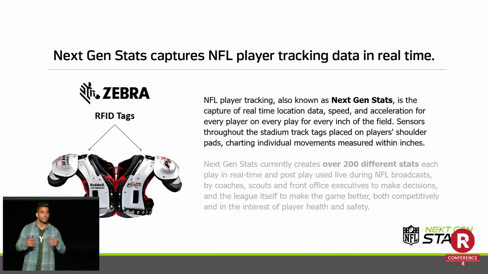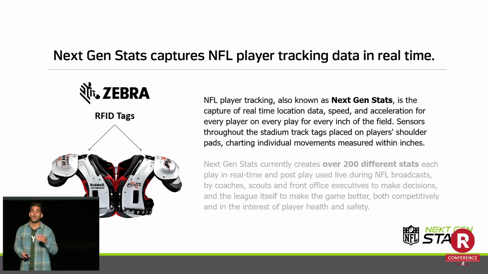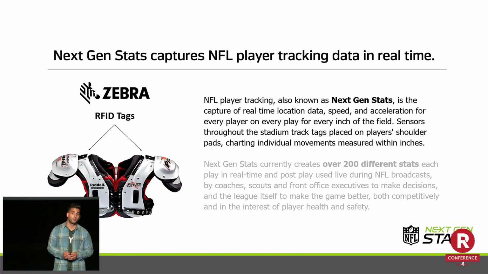So what you could imagine is we have RFID sensors in every player's shoulder pads, tracking their X, Y, speed, direction, all of these data points every 10th of a second for every play on the field. This equates to millions of data points per game that we have to munge and find data for.